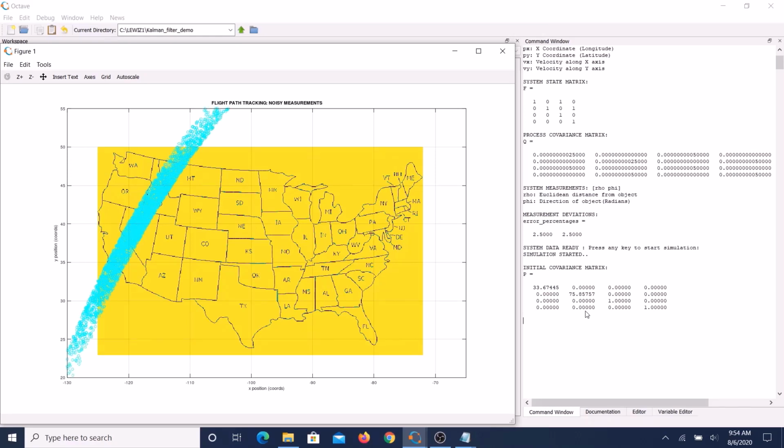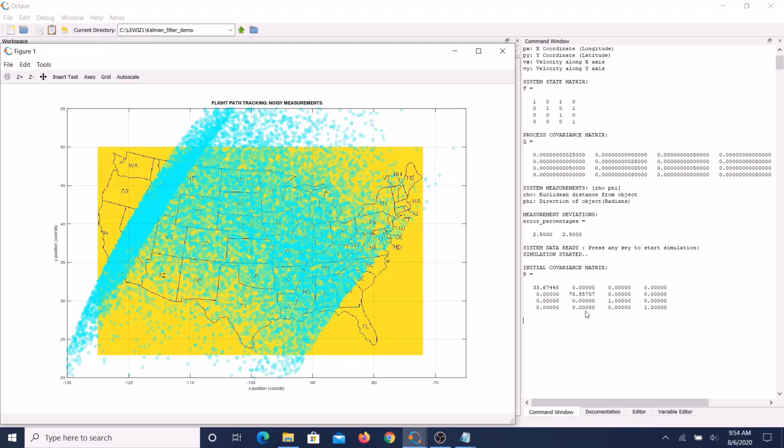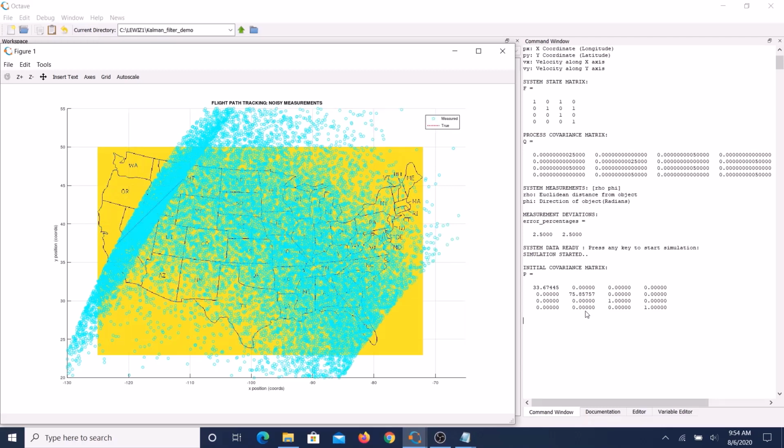So now you can see the noisy measurements being plotted, which are non-uniformly distributed across the XY plane. It is more difficult to visually estimate the flight path in this scenario. So we will now see how extended Kalman filter performs in this case.